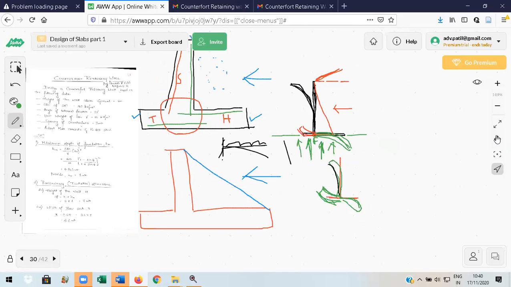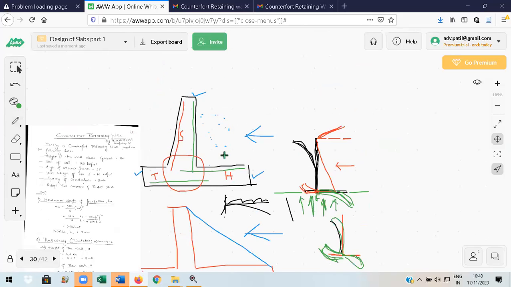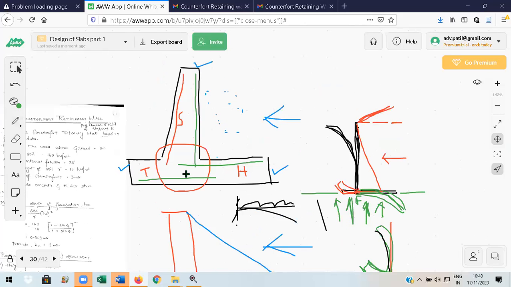So you should understand this one first. Whatever I have shown in green color, those are all the main reinforcement in stem, heel, and toe respectively. First you understand this one, later you bother about other things, because in any GATE exam or in any interview they are going to ask this question: show me the position of main steel in a cantilever retaining wall. On what basis am I giving it?